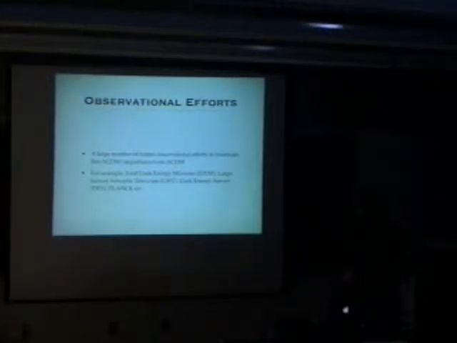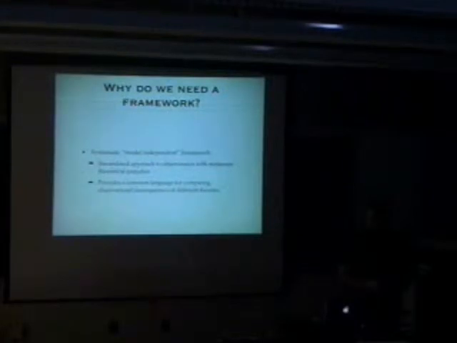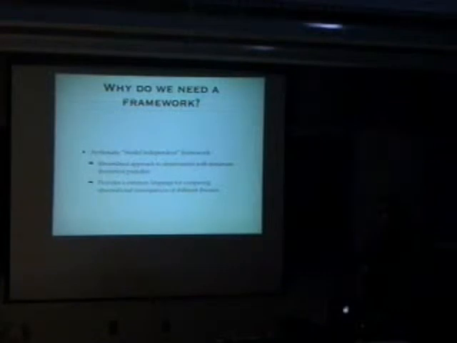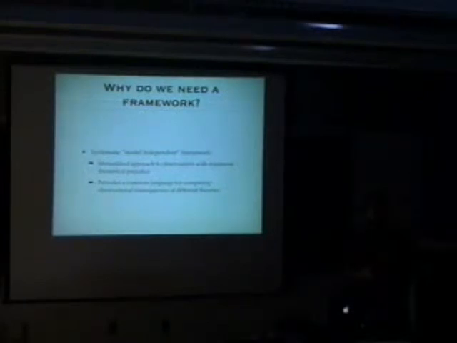These include missions like JDEM, SNAP, LSST, Planck, the Dark Energy Survey, etc. So given these observational and theoretical efforts that are underway, it would be nice to have a simple framework that would provide observers a simple means of characterizing gravity, and it would streamline this approach with a minimum amount of theoretical prejudice. On the other side, for theorists, it would give a nice way of comparing the observational consequences of different theories. It would provide them with a common language.